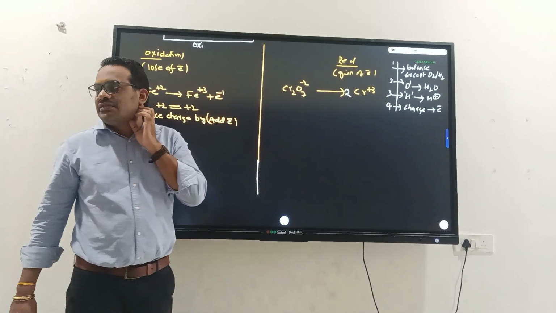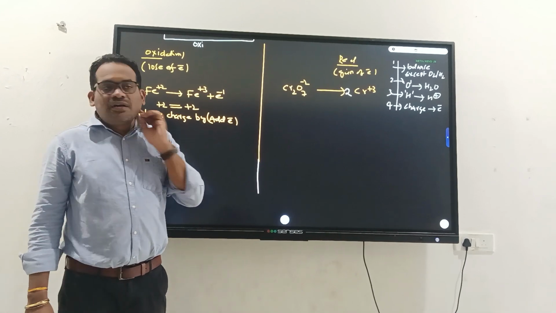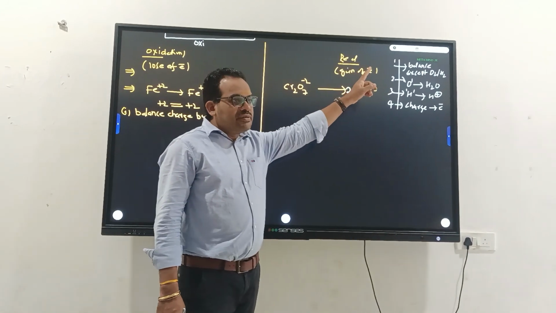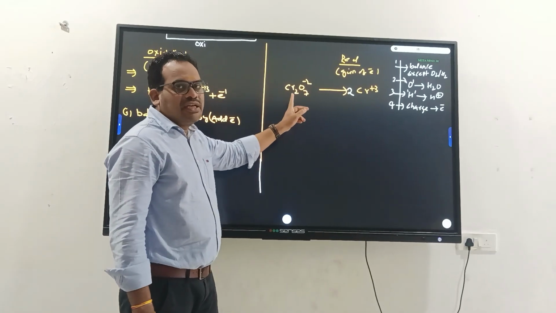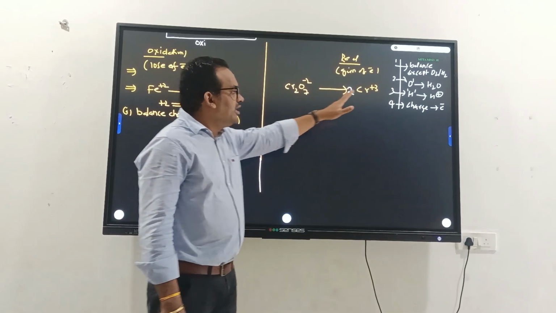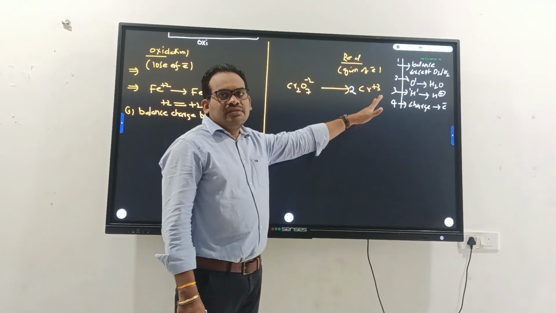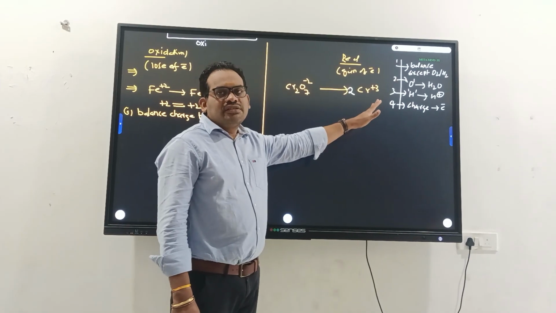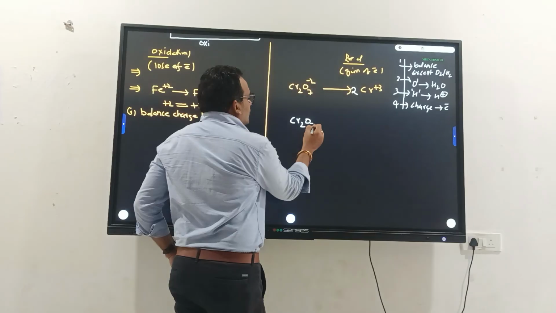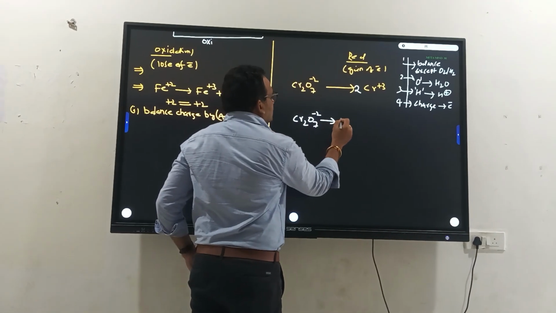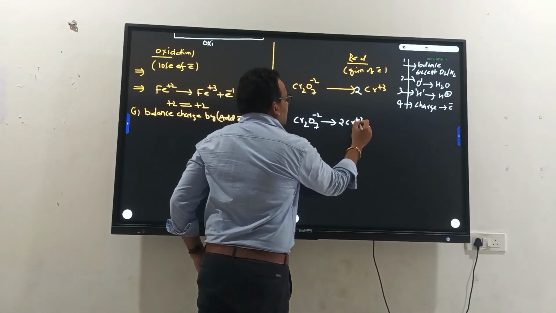Now what you have to balance next? After metals, you have to balance the oxygen. So how many oxygens are there here? 7 oxygens are there. Here Cr2O7 minus 2 gives Cr plus 3.